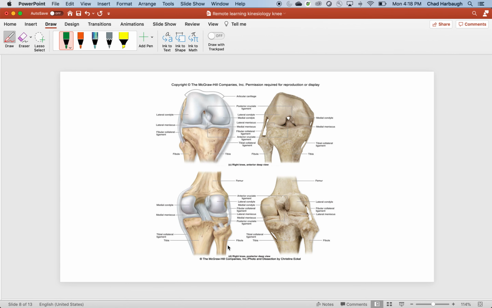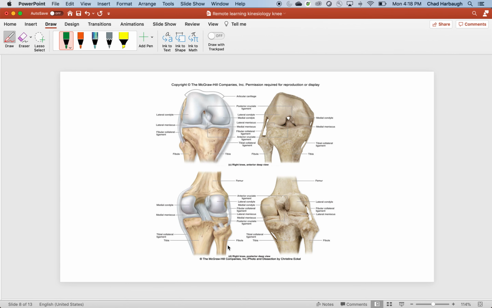And then usually what we see in this case is that the femur is going to slide across the meniscus once the ACL has been ruptured, and it can usually cause micro trauma or tearing in the medial meniscus.